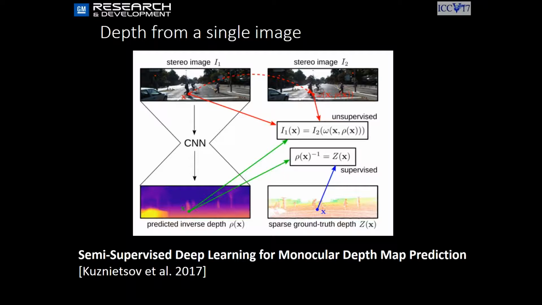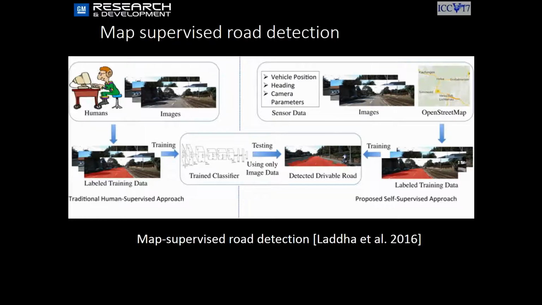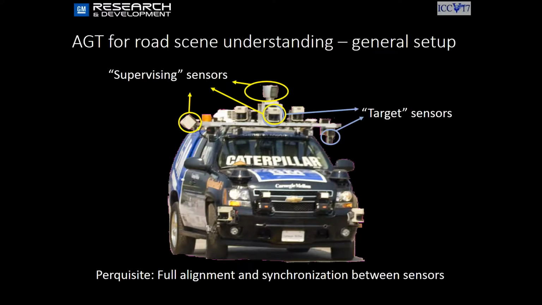And again, there is no manual labeling in this approach. You just use the stereo as the supervisor. And this is another example from 2016 on detecting the road area using supervision from maps.